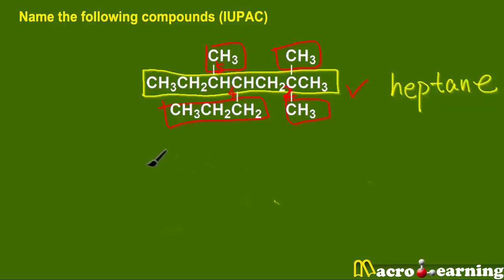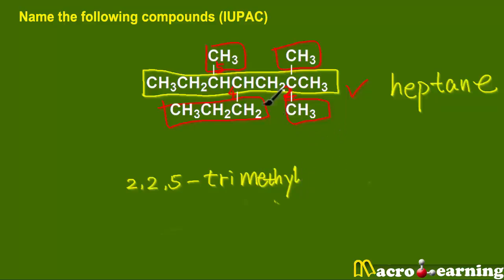Okay, so it's going to be 2, 2, 5, and then what? 3 methyl groups. What do we call it? It's a trimethyl. Tri standing for 3 of them, 3 same substituents on the chain.